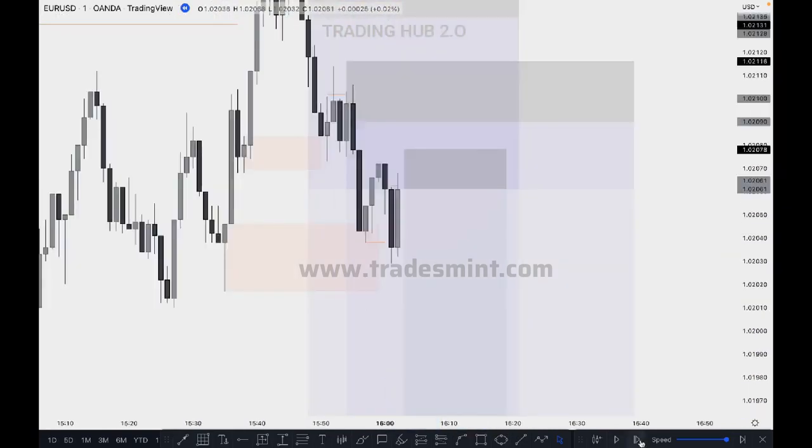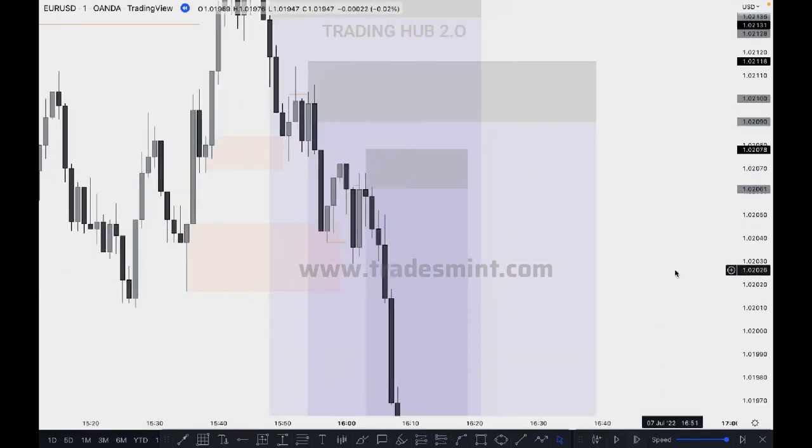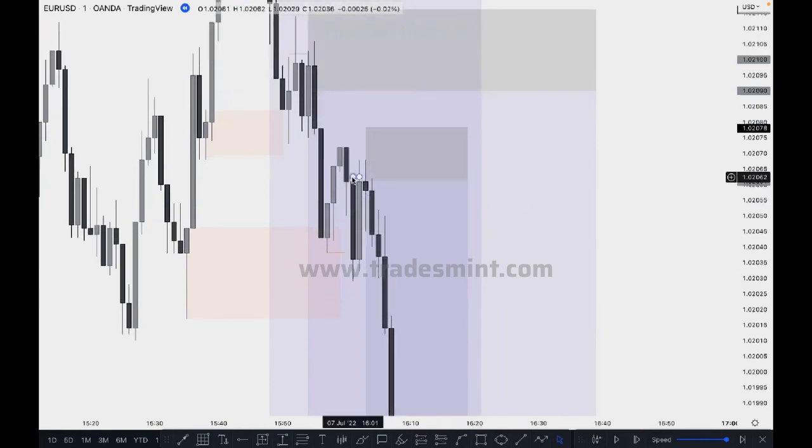Now let's see. You can see how price works smoothly here. Market swept this previous high, took out this high and closed below it, and we can enter on the next candle, which is here, and put the stop loss just above it.